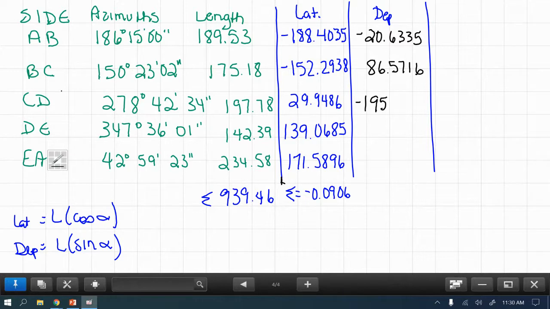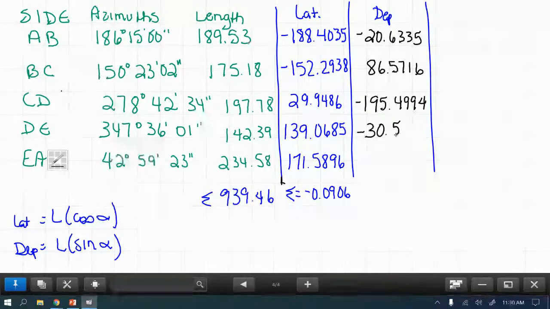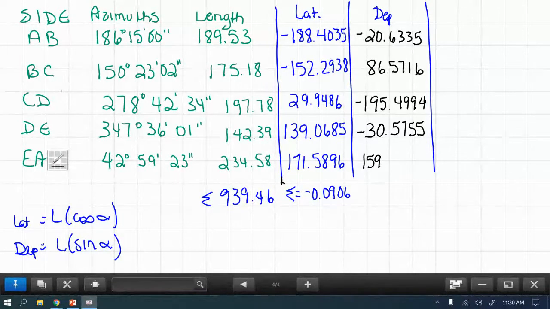Negative 195.4994. Negative 30. Negative 30.5755. And 159.9524.